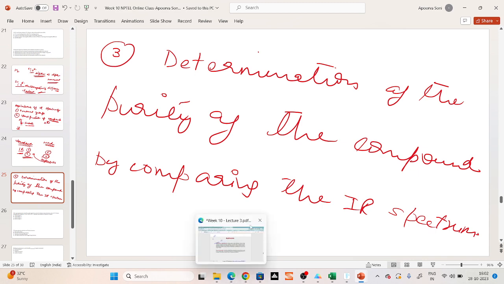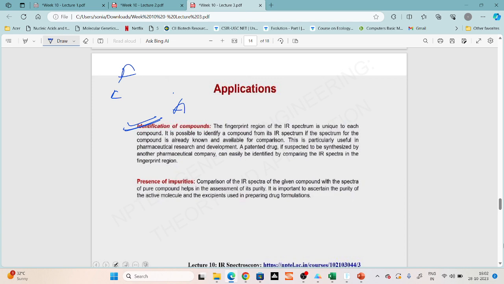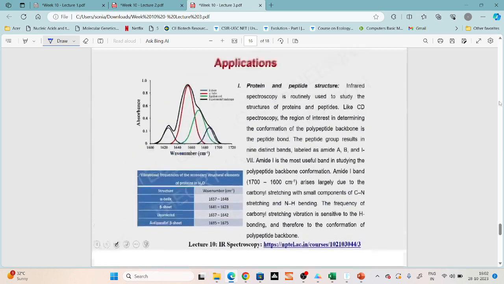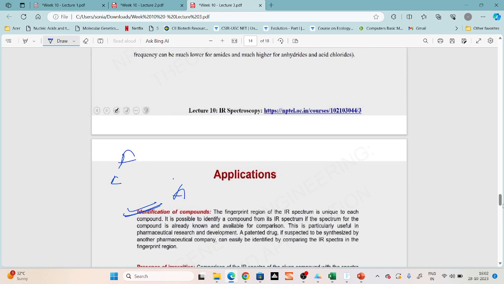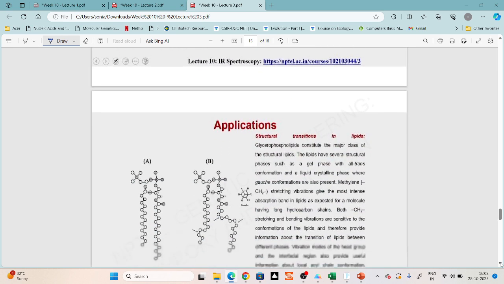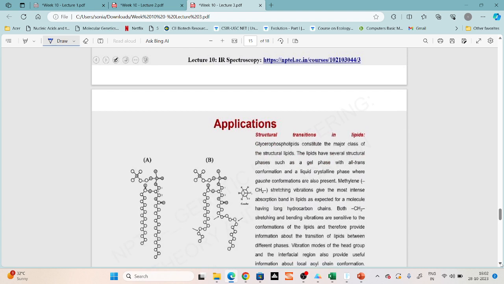Next, what is the application? See, there are so many applications that are associated.